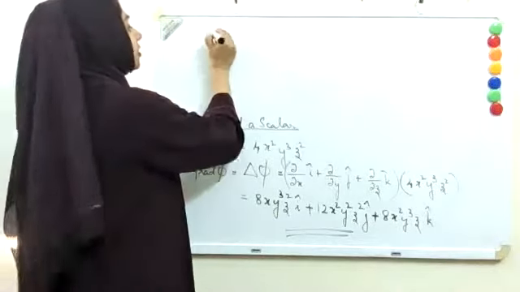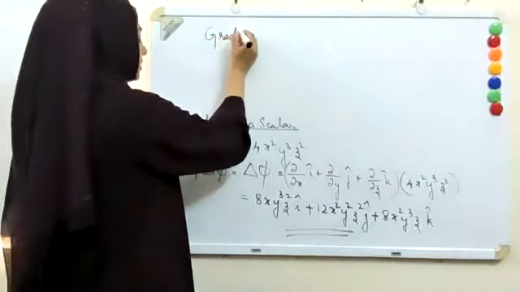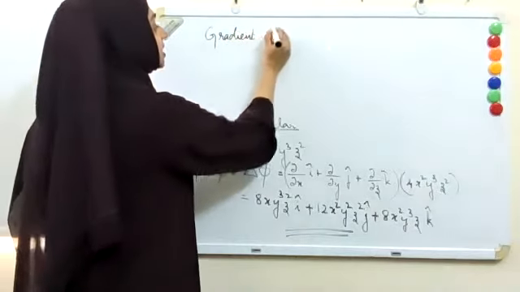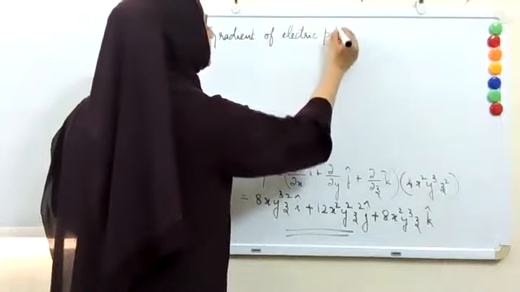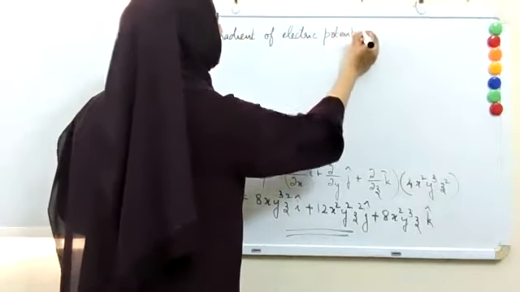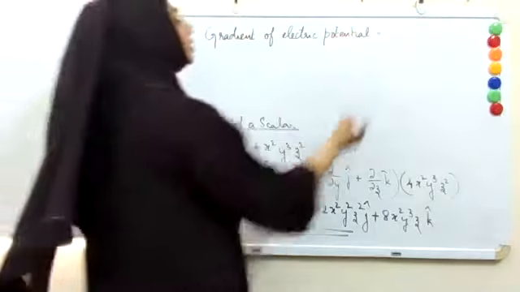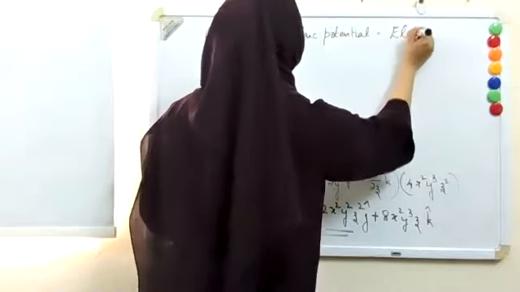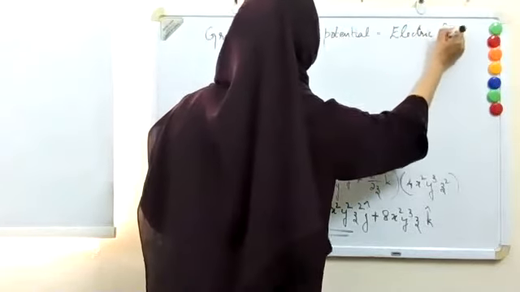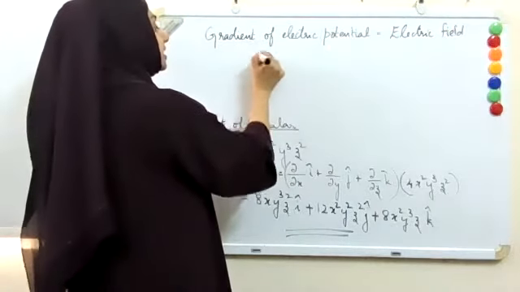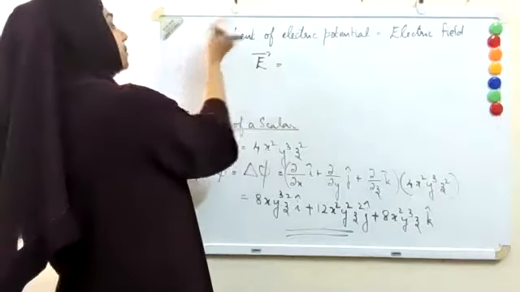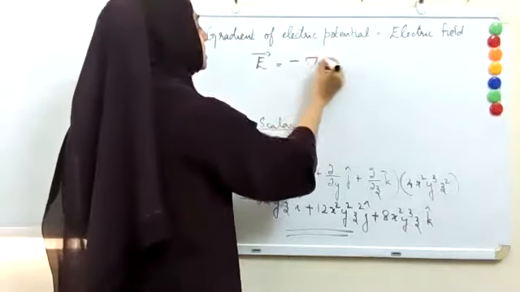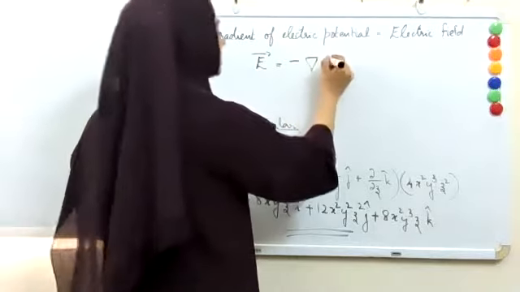So gradient of electric potential will be equal to electric field. I can tell that electric field E, which is a vector, is equal to minus del V.